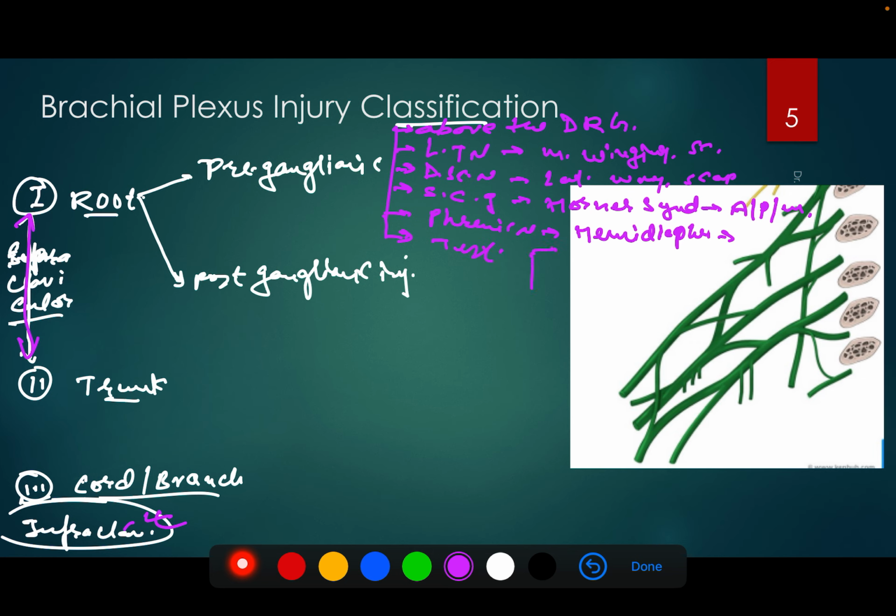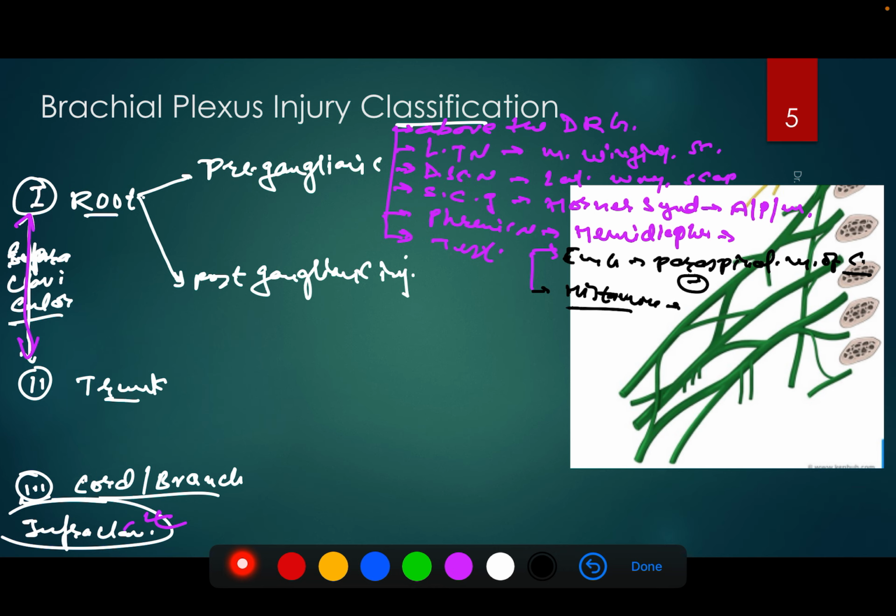One test was the electromyogram of the paraspinal muscles of the cervical region, and this electromyography was negative. Another test we did was the histamine test.